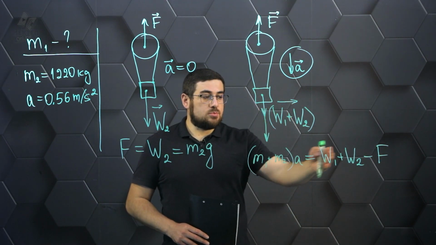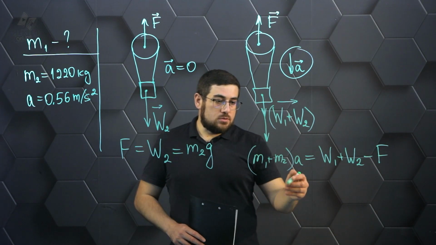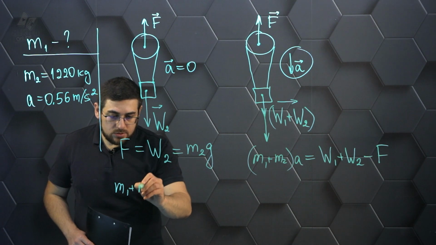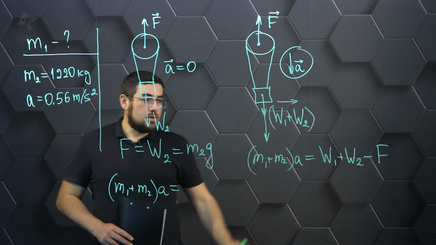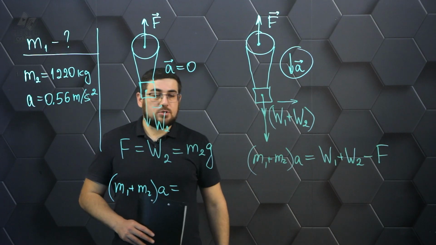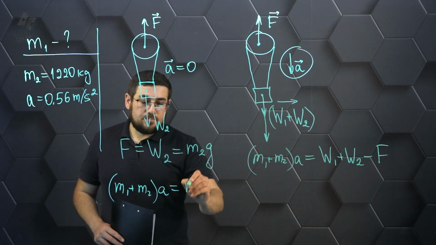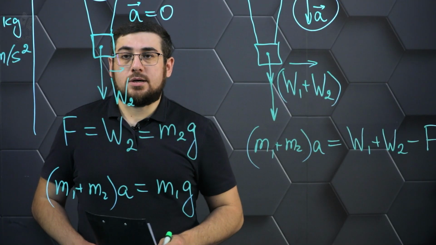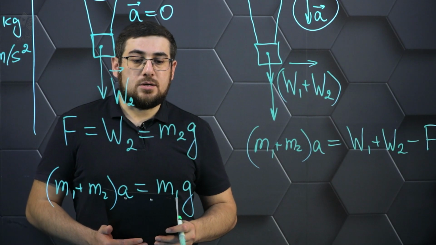And now our task is to write down everything that we have here. Let us start writing: m1 plus m2 times a. What is the weight of the first passenger? It is the product of its mass by the acceleration of free fall. What is the force of gravity acting on the balloon with its passengers until the last passenger arrived?